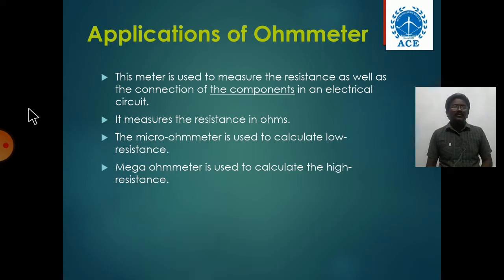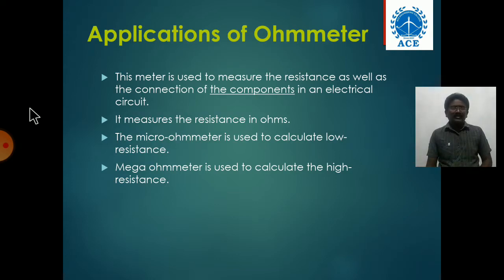So with the help of the unknown resistance, we can measure the required resistances. That means you have to calculate intermediate values of the resistance. So towards that, you have to consider calibration of the series type of ohm meter.